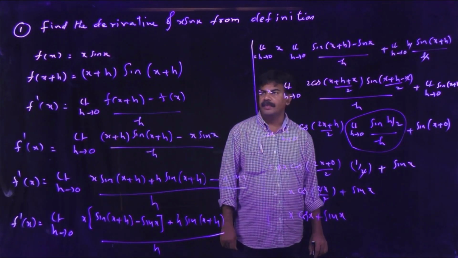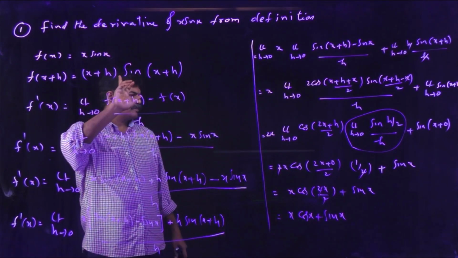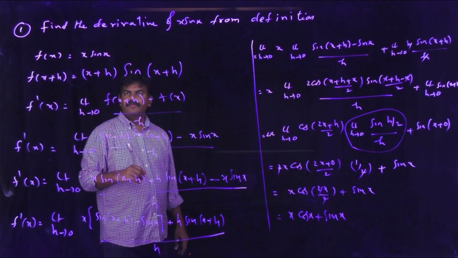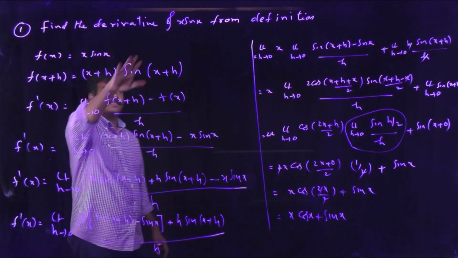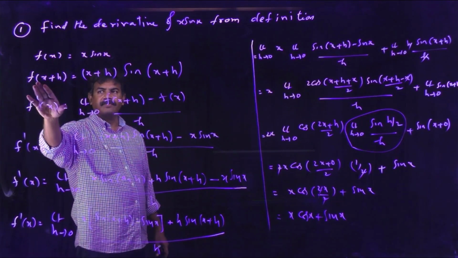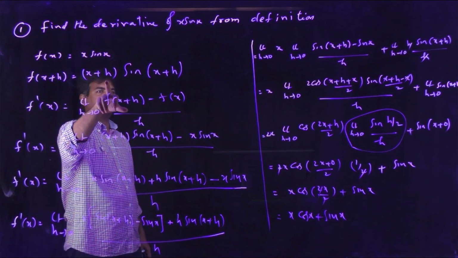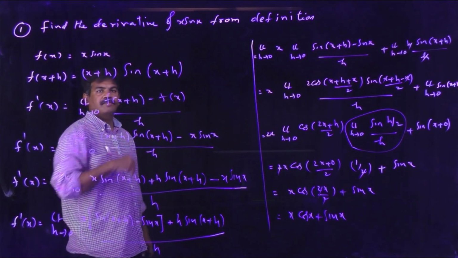So this is the derivative of the given function, that is x sin x. So first, given x sin x, we say that f of x is equal to x sin x. We write next f of x plus h. So in the place of x, we write x plus h in both places.